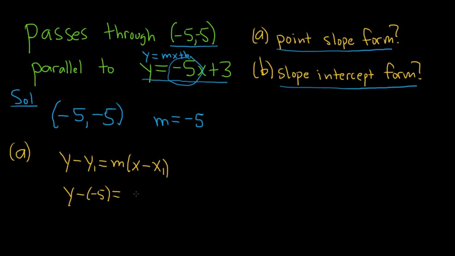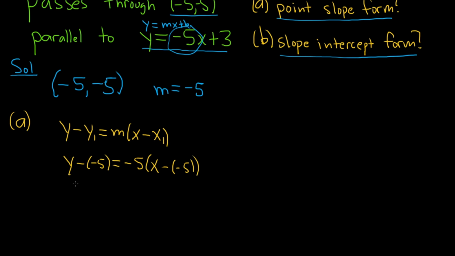It'll become positive. And then -5, so many negatives, everything's a -5. So on the left here, it'll become y plus 5, and then here it's -5, and this will be x plus 5.